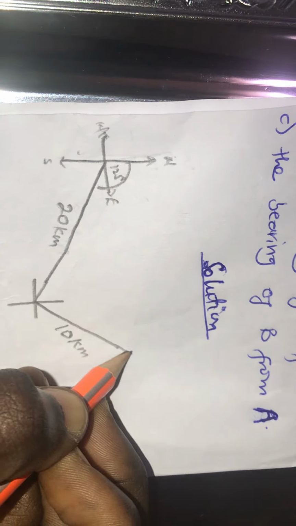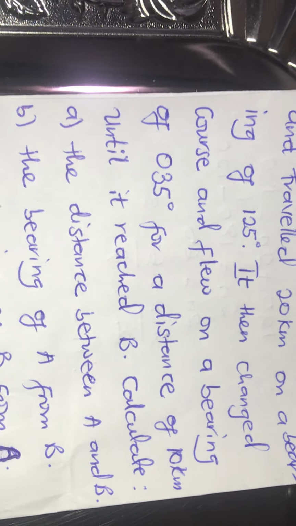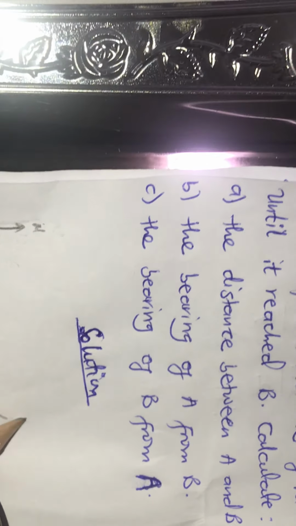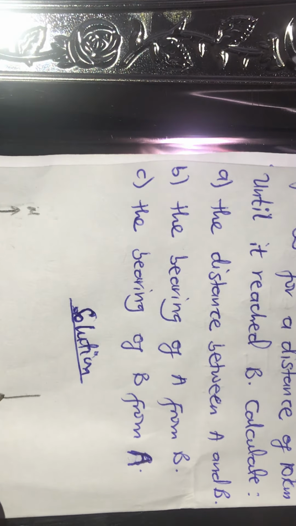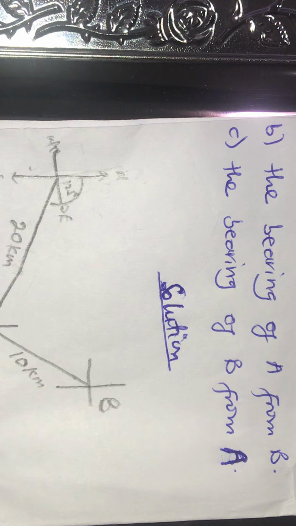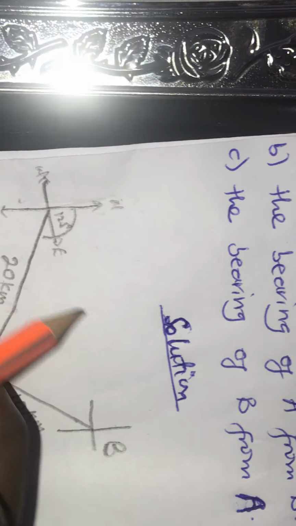Good. It stated that it went on until it reached port B. So it means this side will be our port B. Let's label this side as port C. Then we now join the three ports together.